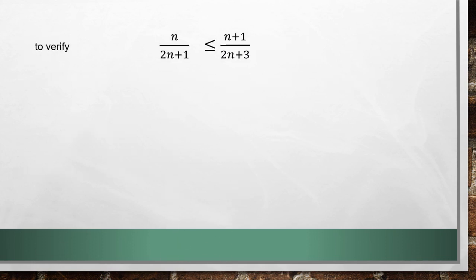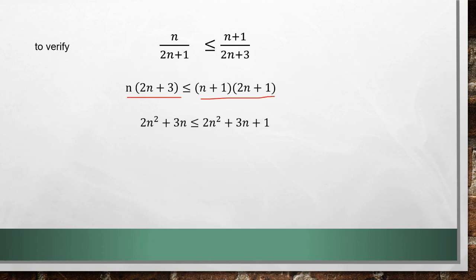Now, let us verify the inequality. We may verify it by cross-multiplying first. So we have n times 2n plus 3, and then n plus 1 times 2n plus 1. To simplify this, we have 2n squared plus 3n, and on the other side, it's 2n squared plus 3n plus 1.